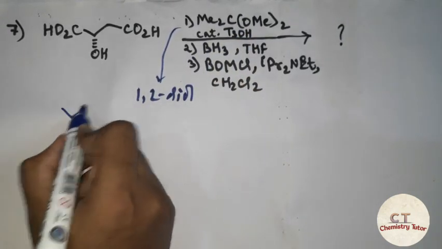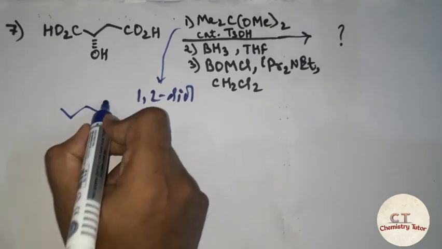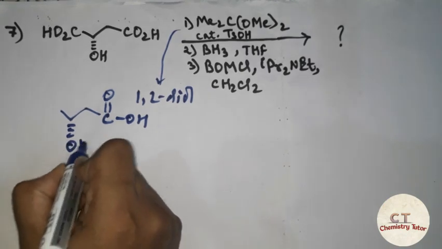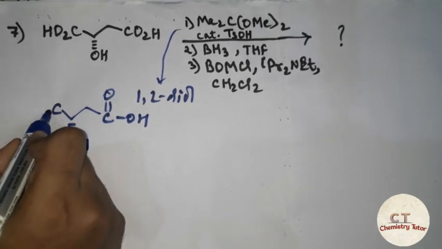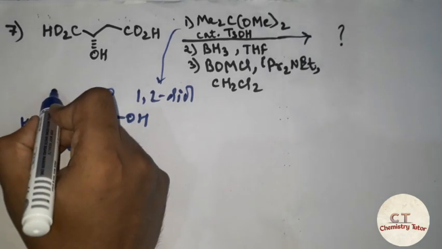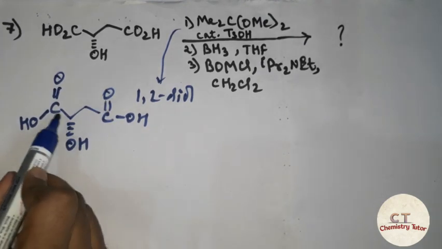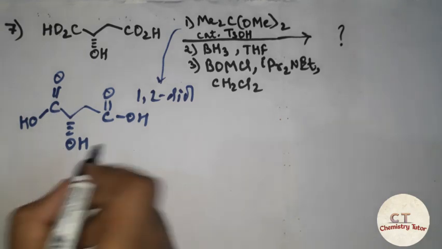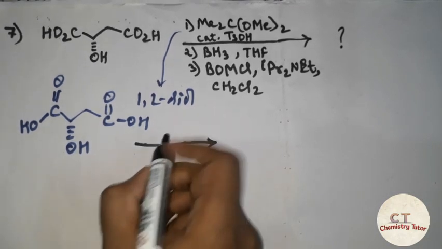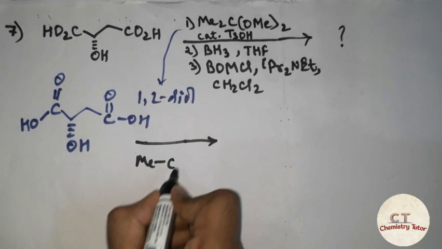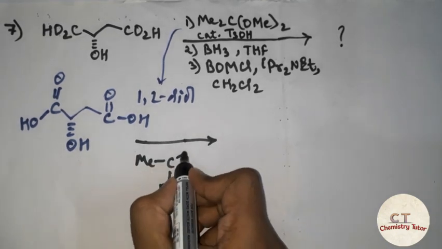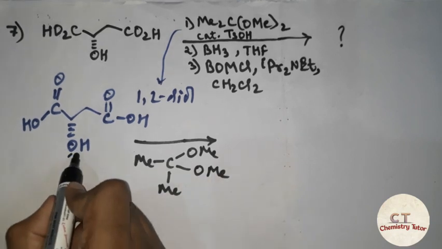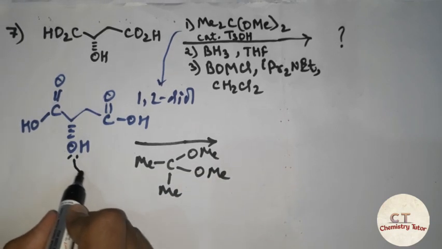So here in this case, there is COOH, and here OH, and carbon OH, and C double bond O. Here is 1, 2, so there are 2 OH groups, so it is going to get protection from Me2C(OMe)2.